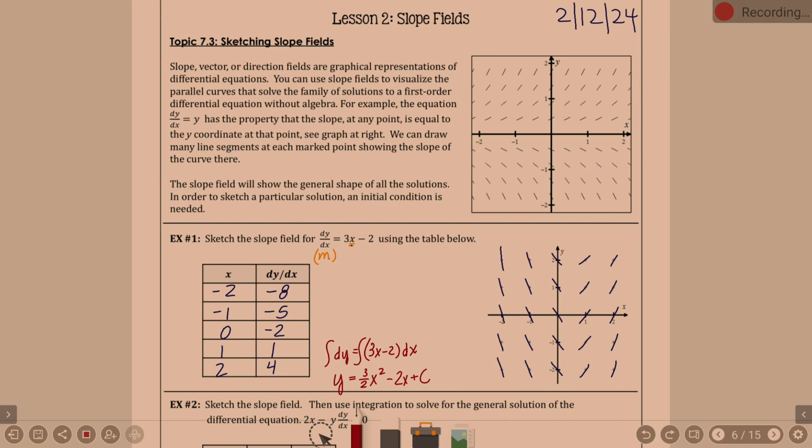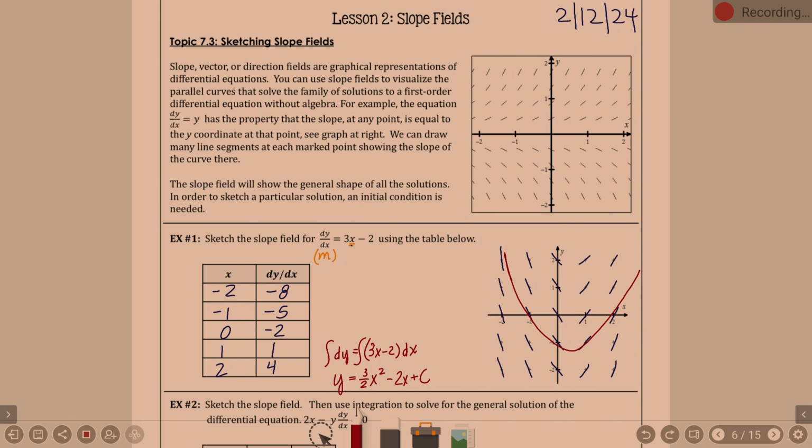Let's see, do I dare try and do this? You can kind of try and sketch one in. That's kind of my parabola. I was trying to sketch it in. It doesn't quite go with that one.